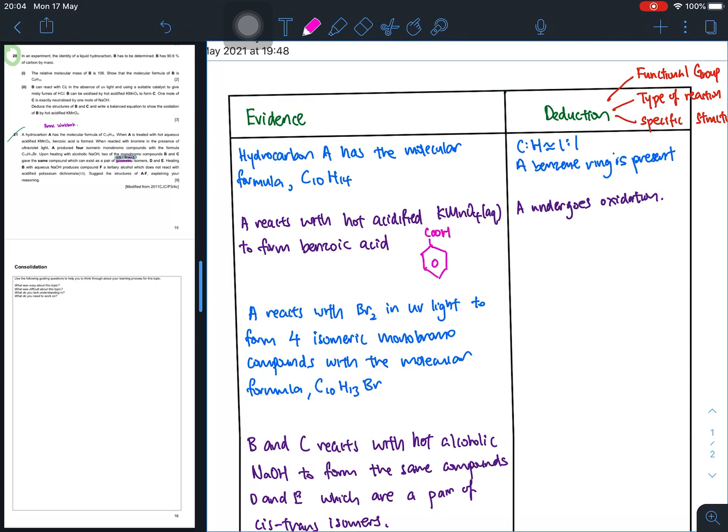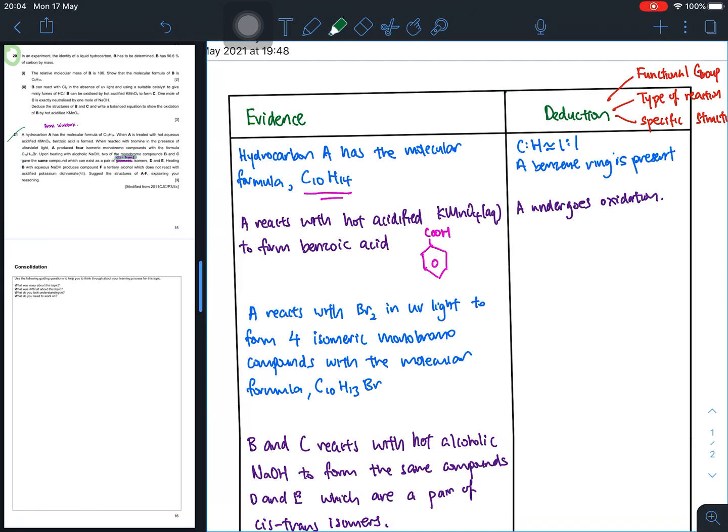Recall what you have learned about the products that can form benzoic acid. It typically refers to any benzene that has a benzylic hydrogen. And because benzene has 6 carbons, but in hydrocarbon A it actually has 10, it means that besides the benzene ring, there are 4 other carbons.